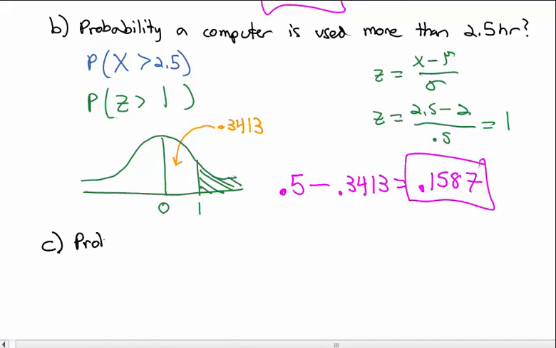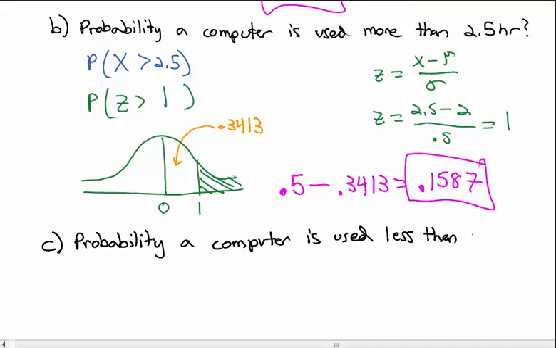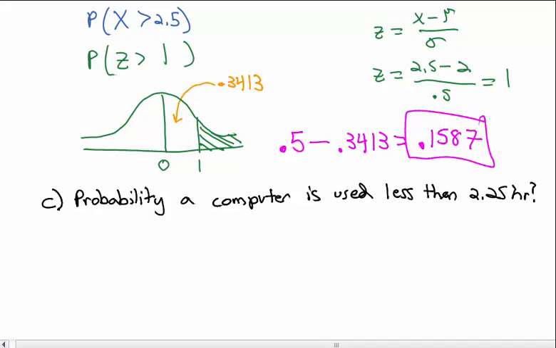How about the probability a computer is used less than 2.25 hours. So we want the probability that our variable x is less than 2.25 hours.